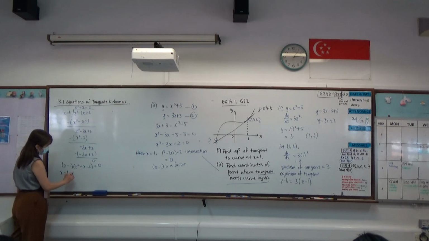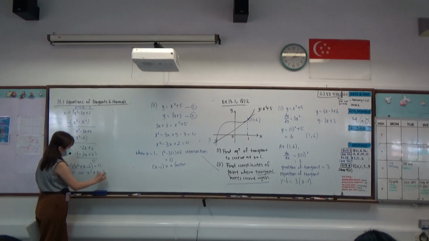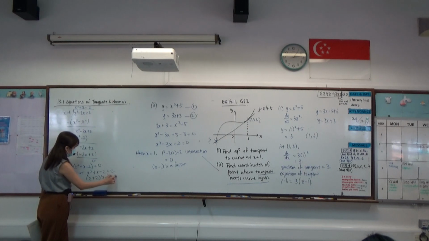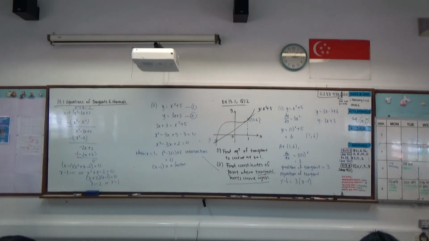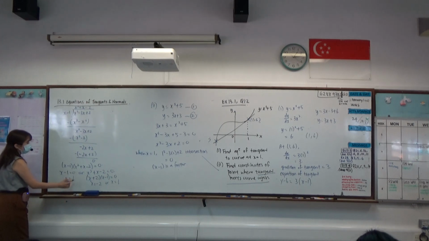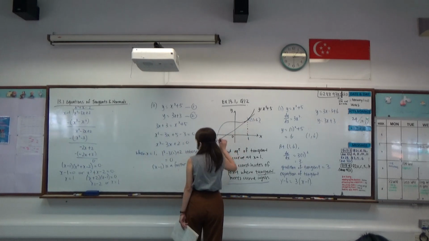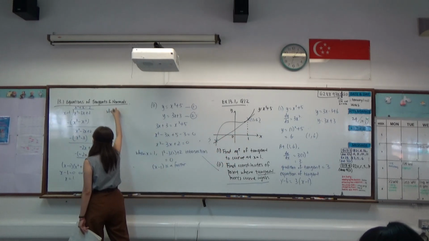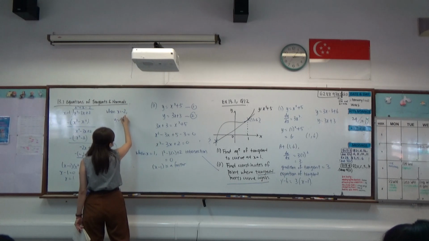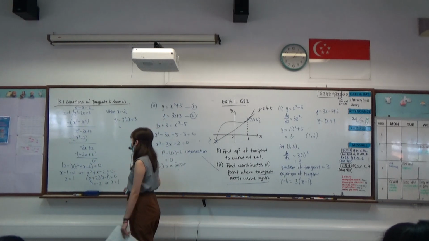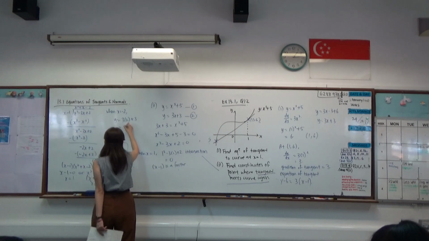So x minus 1 equals 0, or x squared plus x minus 2 equals 0. This one we can factorize. So we see that x equals negative 2 or x equals 1. x equals 1 is not what we want, because that is already the given intersection point. We just want to find when x equals negative 2. Substitute into either the curve or the line, it doesn't matter, since that is an intersection point.